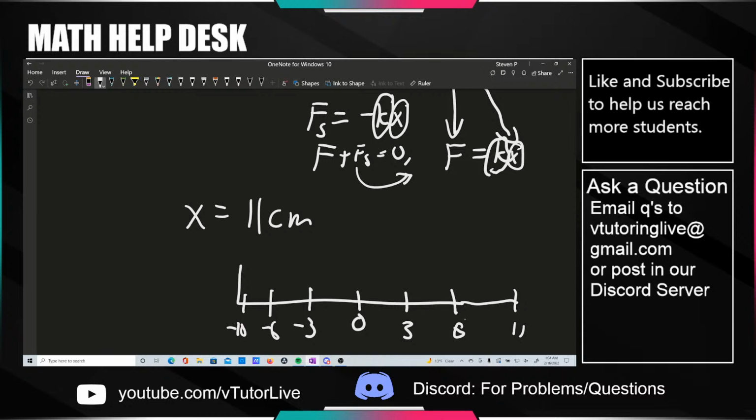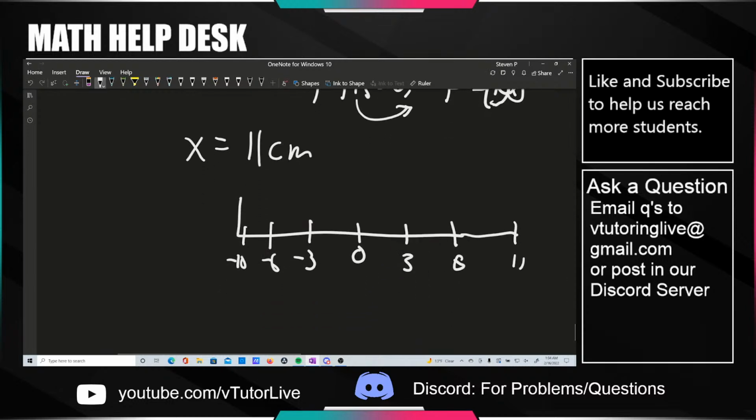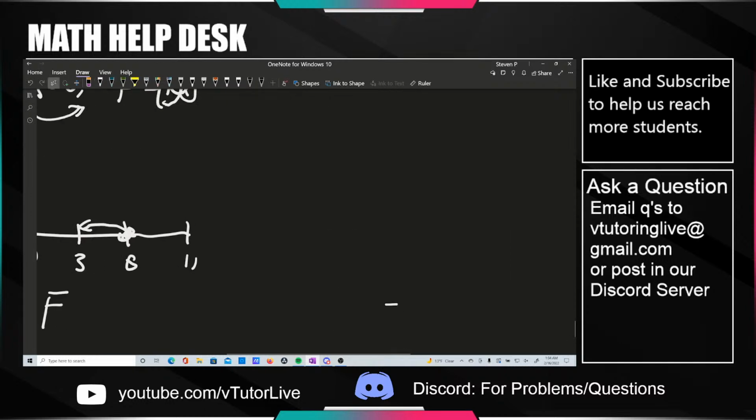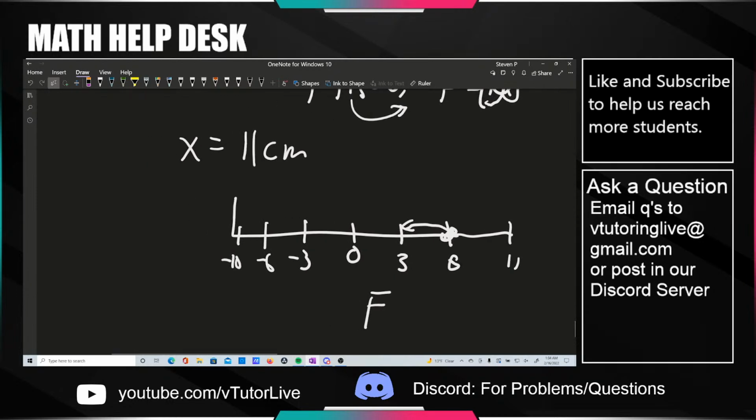So there are 2 ways to do this problem, and it should be the same either way. One option is, if it's asking how much work the spring does on the block when it moves from, say, here to here, you can always use work is equal to F dot distance, right?